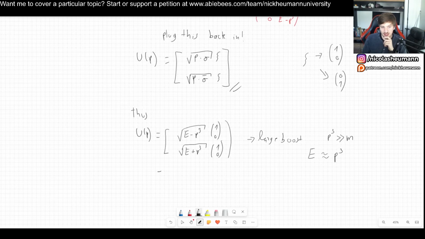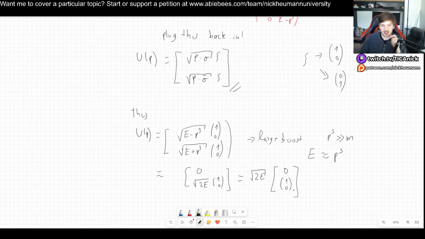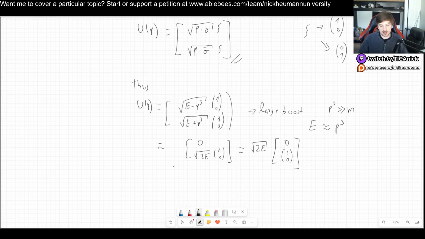That means we can approximate our solution here: this term is going to be 0, and this is going to be the square root of 2E, and then we still have this 1, 0. So we can write this as the square root of 2E times 0, 1, 0. That's what we can do for a large boost in the case of spin up.